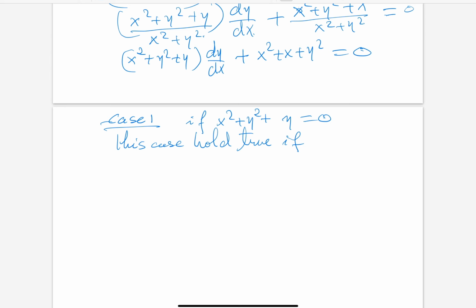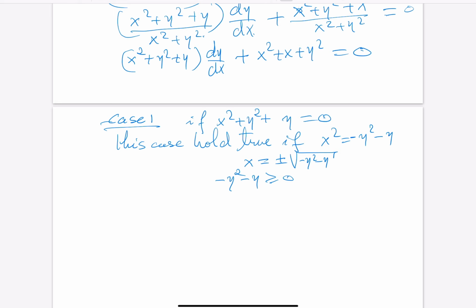If x squared is equal to negative y squared minus y, this holds true also if you have x as positive or negative square root of negative y squared minus y. So the domain for this one is if the inside is positive or equal to 0. You have negative y squared minus y is greater or equal to 0.